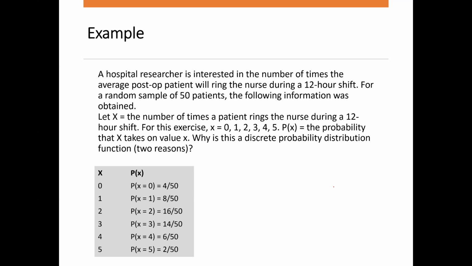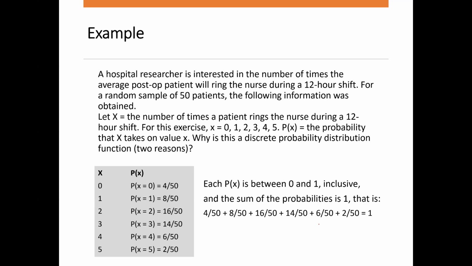So 4 patients rang the nurse no times, 8 rang it once, and etc. So do those probabilities add up to 1? Well, for it to be a discrete probability distribution, they do have to add up to 1, and each probability has to be between 0 and 1 inclusive. So this is a discrete probability distribution.